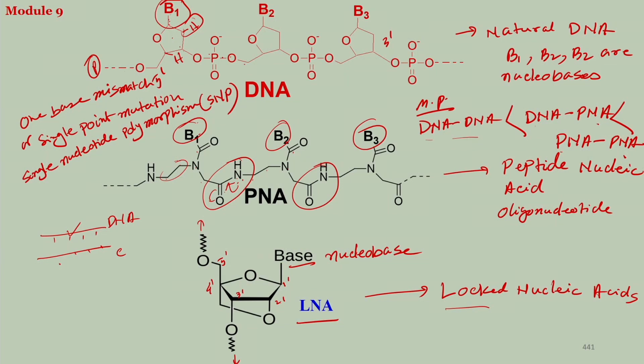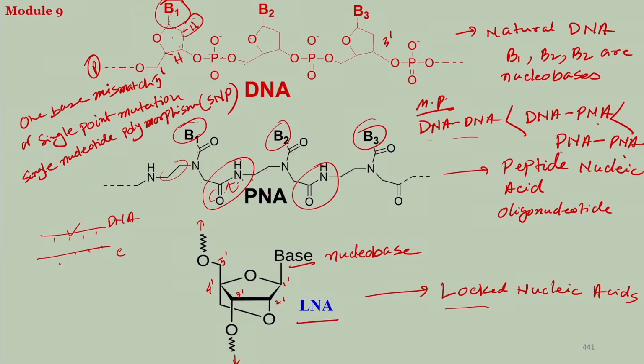That is one of the reasons why the melting temperature is higher, or in other words, the hybridization is stronger. Second is the flexibility. If you look at the conformation of PNA and DNA, PNA has a more favorable conformation.